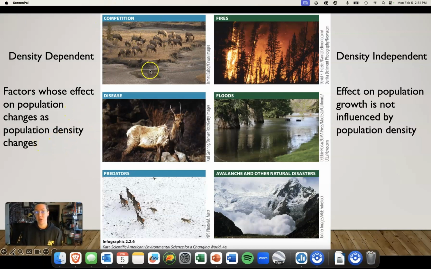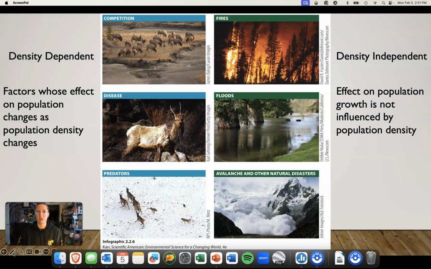So that can be through competition, through disease, and through predators, right? If you just have too many people, that's going to be too much competition. You might want to wipe some of them out. Or disease can wipe whole populations out, right? We've just lived through a pandemic, for goodness sake. But also predators, right?